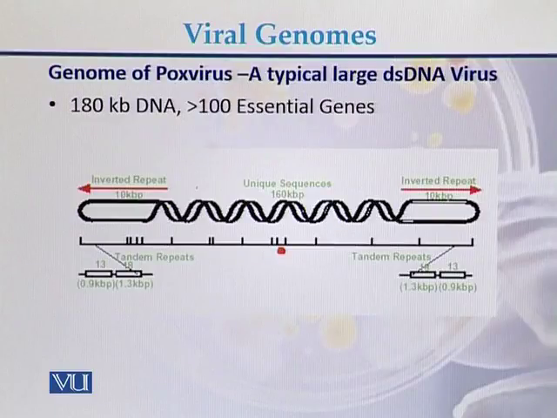Another example is the genome of pox virus, a typical large double-stranded DNA virus. The genome of pox virus consists of 180 kb DNA, and there are approximately 100 genes present on the genome of pox virus.